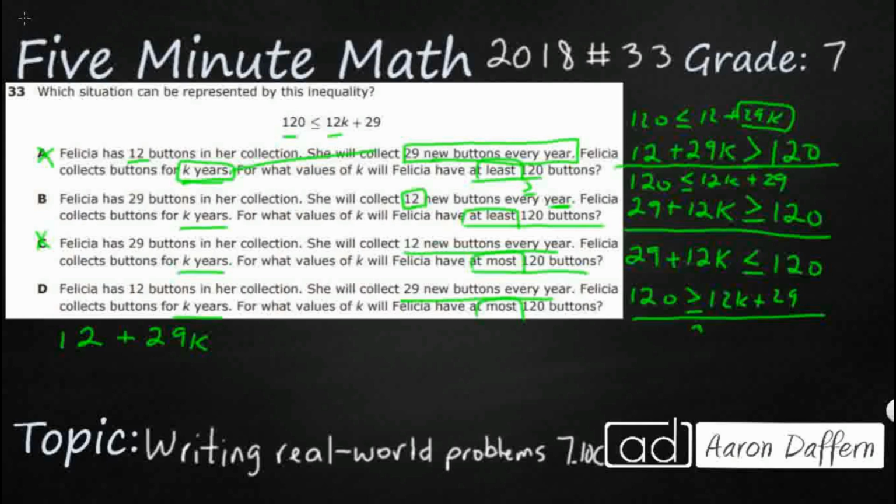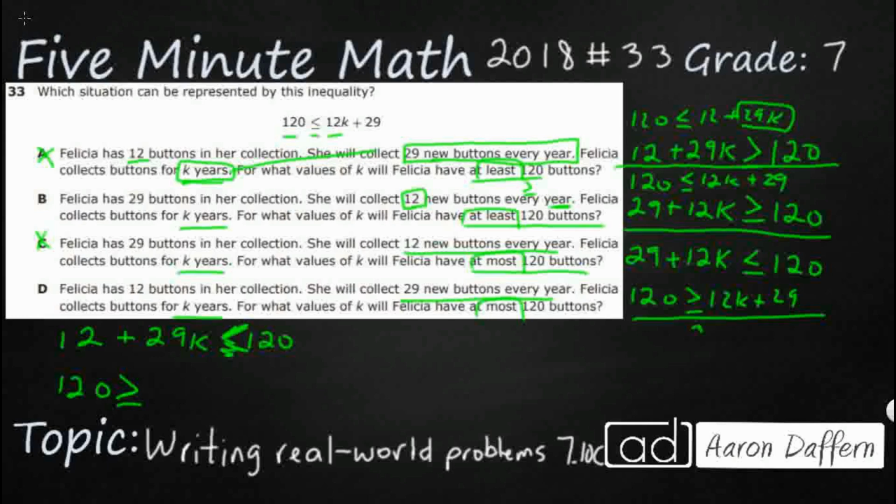At most. So we want to be less than or equal to 120 because we don't want to get more than that, which it looks like it's the right one, but remember we got to flip it to get that 120 up in the front. And since in this case my opening is going to 120, you have to flip it in order to keep that opening pointing that way.